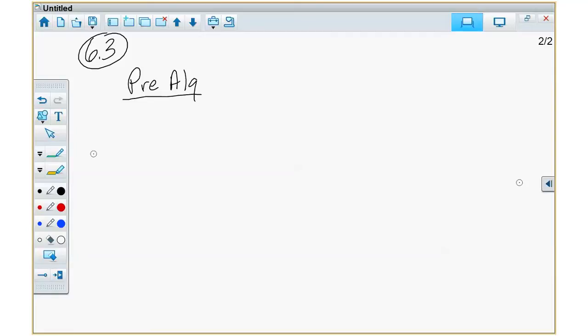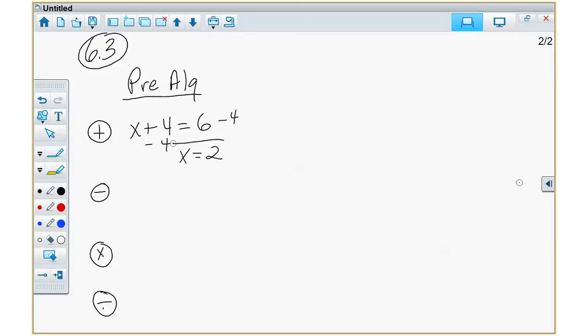They told you the addition, subtraction, multiplication, and division. And they said, okay, x plus 4 is equal to 6. And to balance this equation, you subtracted 4 because your main objective was to get the variable what? By itself. And boom, you're done.